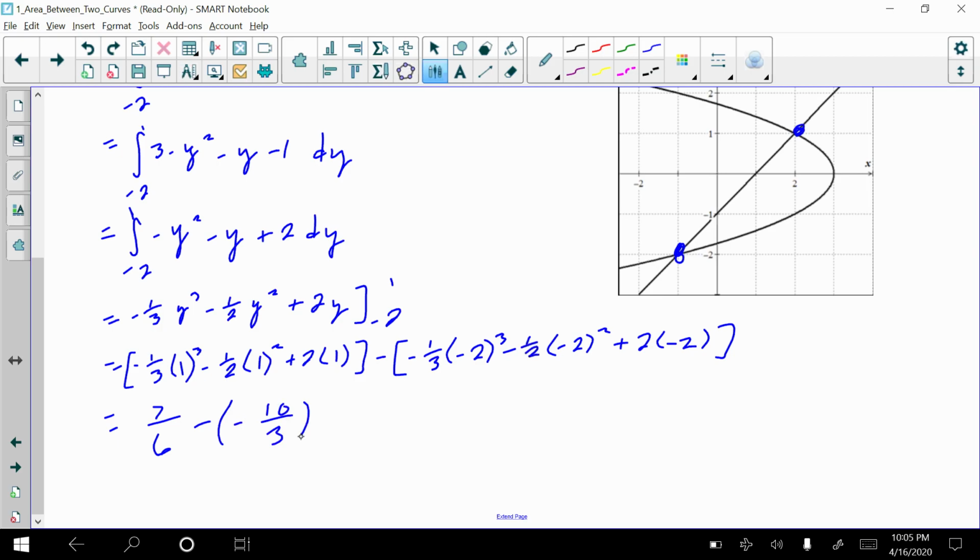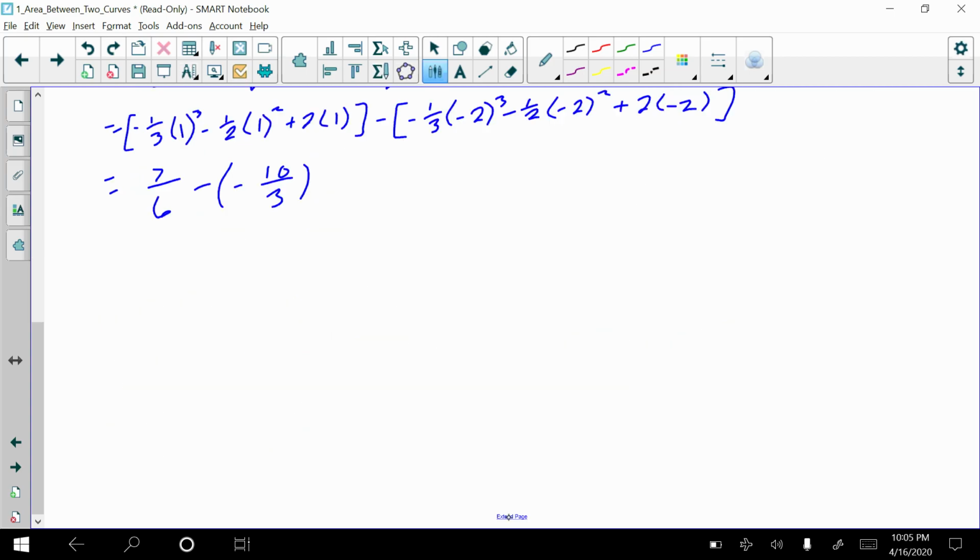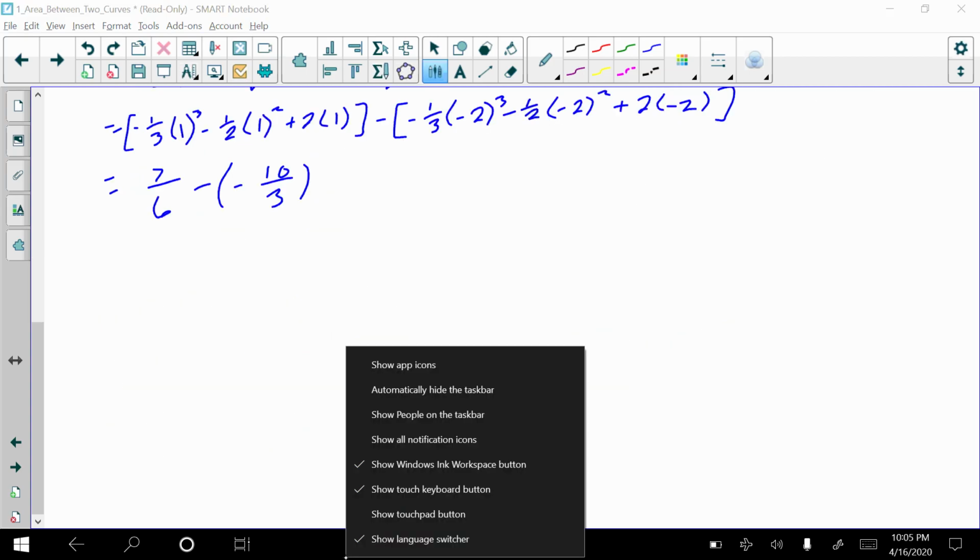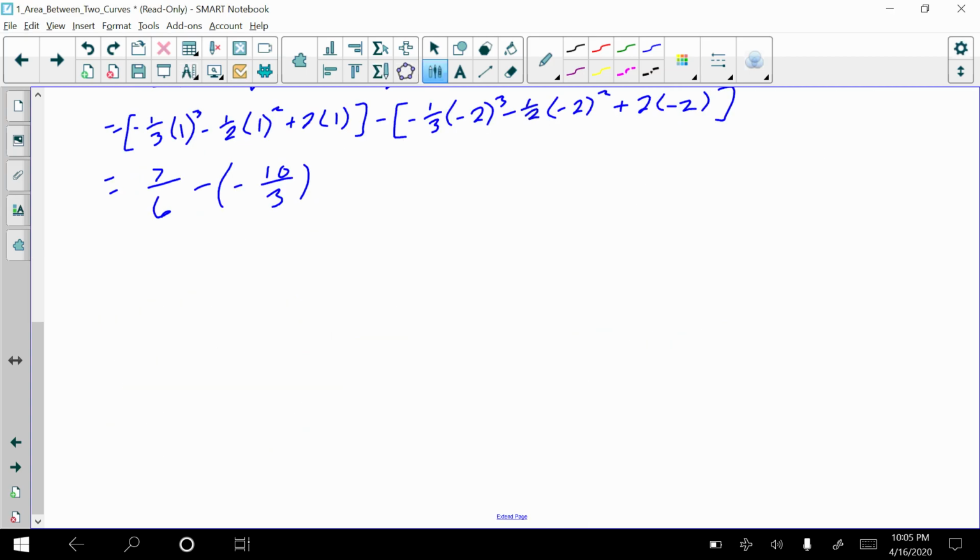So 7/6 plus 10/3 is going to give me my final accumulated area, in this case, of 27/6, or 4.5 units.